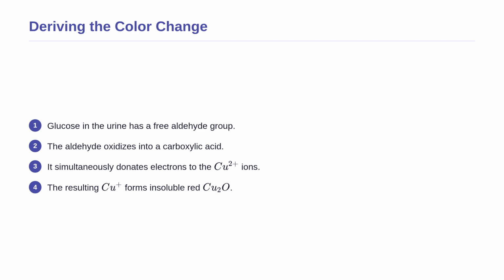In doing so, it must shed electrons, which are immediately accepted by the blue copper 2+ ions. This forces the copper into its reduced state, which rapidly precipitates out of solution as red copper 1 oxide. This proves exactly how a microscopic structural feature creates a visible, life-saving diagnostic result.